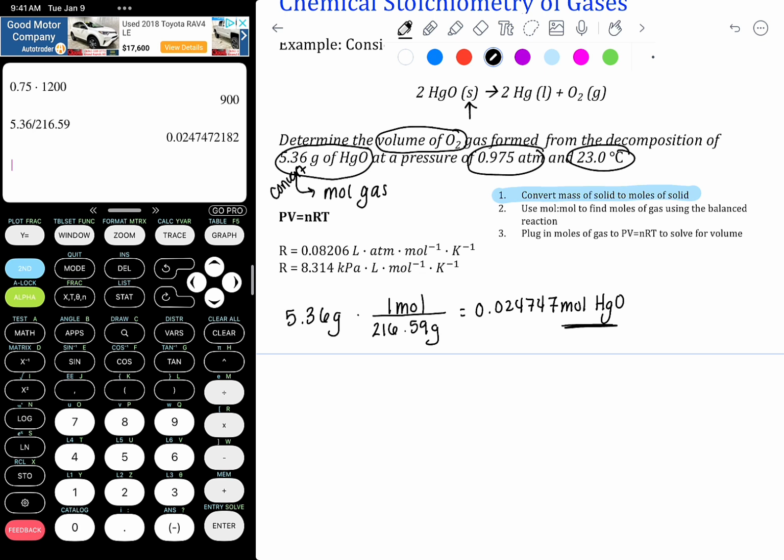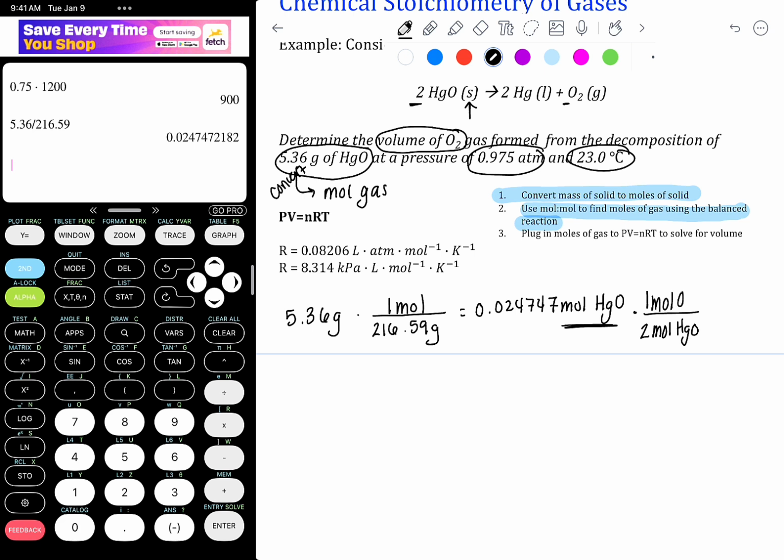So what we have to do next is use our mole-to-mole ratio to find moles of gas using the balanced reaction. So from my balanced reaction, for every 2 moles of mercury oxide that I react, I get out 1 mole of oxygen gas. So we can set up our equivalency. 2 moles of HgO give us 1 mole of O2.